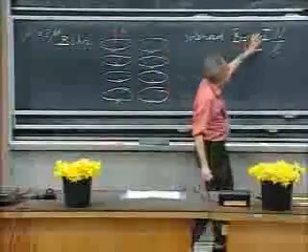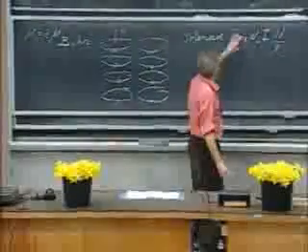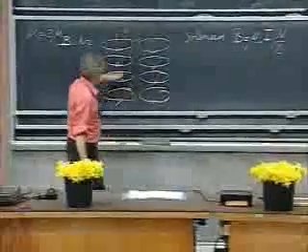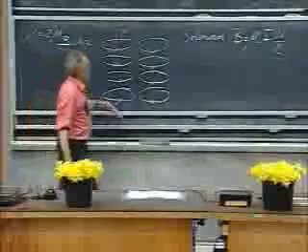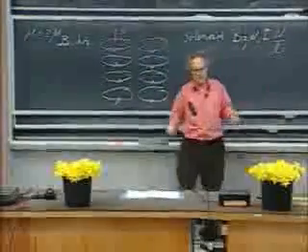So this is the number of windings of the solenoid per unit length, the number of windings per meter. If we could figure out for this arrangement what this quantity is, then we are in business.